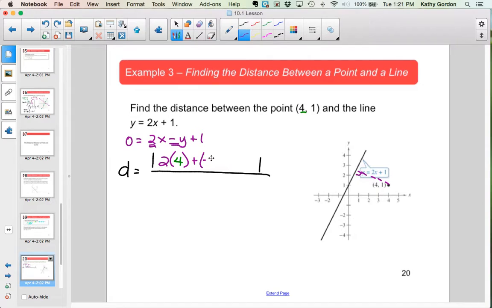Negative 1 from the equation times the 1 for my y coordinate. And then I'm going to add to that the 1. That's my c value, my constant.